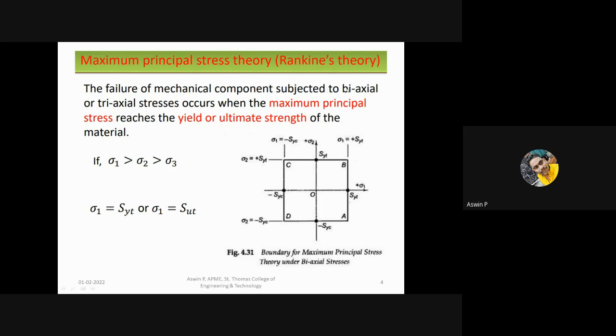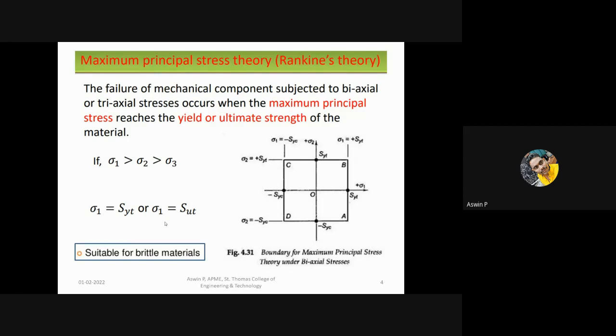And you must be aware that this theory is mostly applicable for brittle materials. Very important one. Principal stress theory is mostly applicable for brittle material.